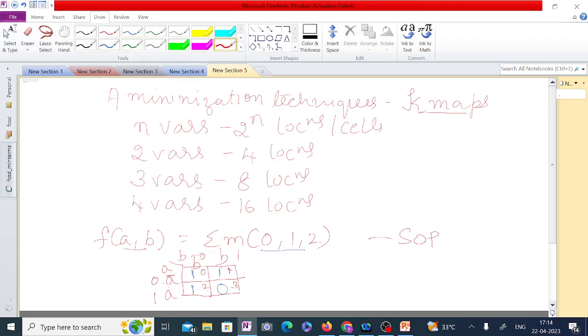To group them, the rule is always that the group size should be a power of 2. That is, 2 per 0, that is a single group. Then 2 per 1, 2 literals are grouped together. 2 per 2, 4 literals are grouped together. 2 per 3, 8 literals are grouped together. 2 per 4, 16 literals are grouped together.